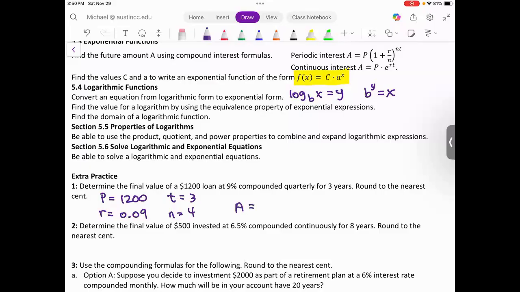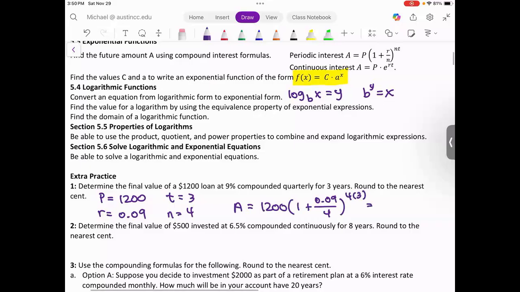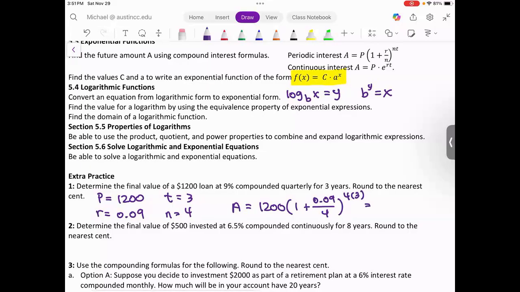So we will use our periodic interest formula. We take our P times 1 plus r over n raised to the nt. When we plug that into a calculator, we get 1567.35.